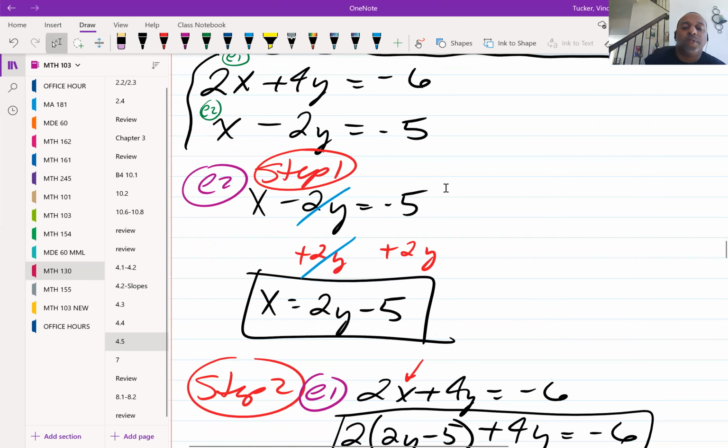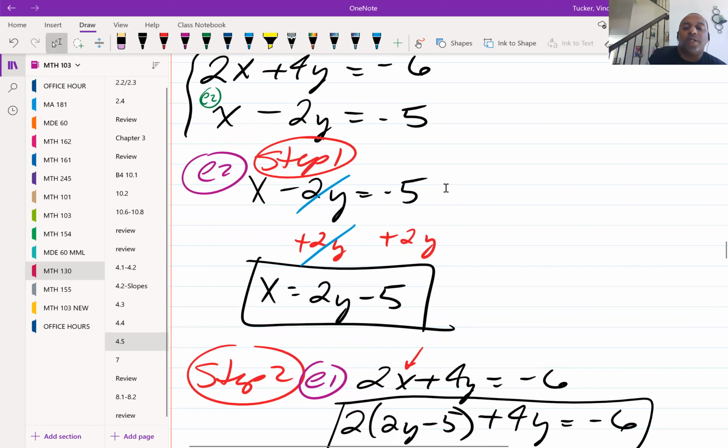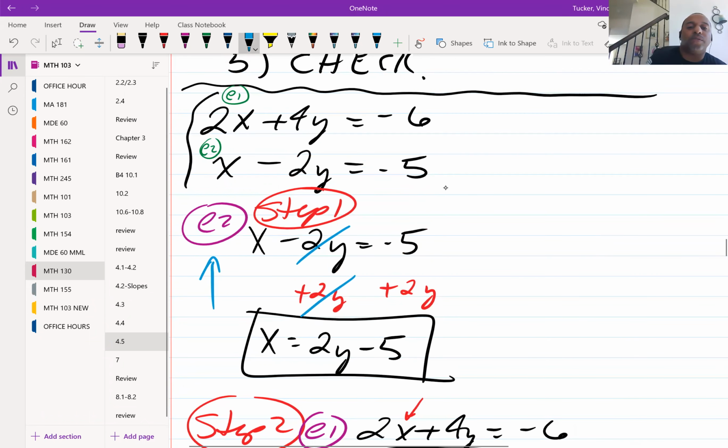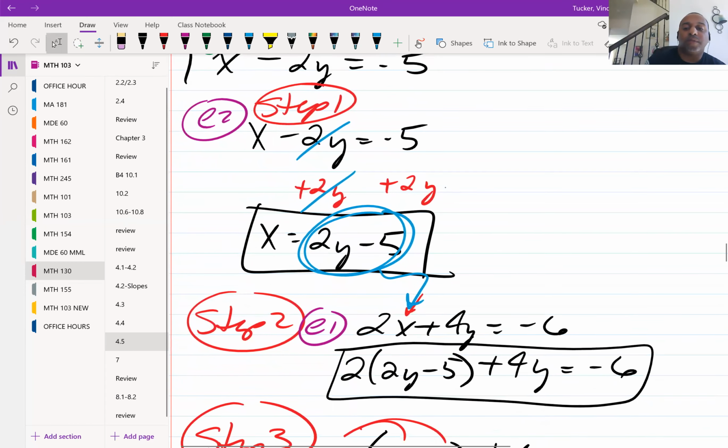All right. Step 2 is we're going to take the other equation. Notice we started off using equation 2, so the next equation starts off using equation 1. And then we're going to take 2y minus 5 and plug it in to equation 1. And so that's what we did here.